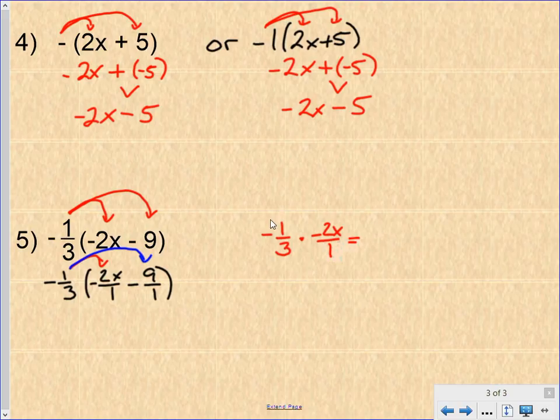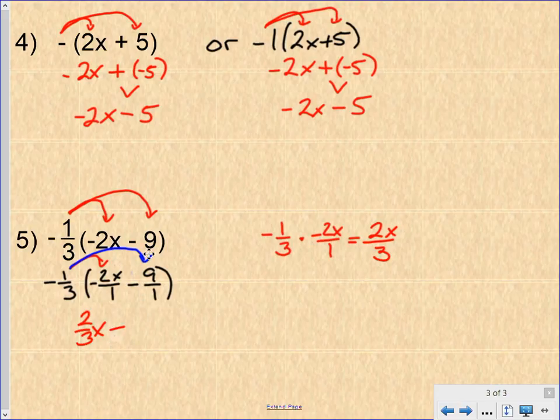So when I multiply negative times a negative, first of all, my answer is going to be positive. 1 times 2x is 2x. 3 times 1 is 3. So negative 1/3 times negative 2x over 1 gave me 2x over 3. And in algebra, we usually write this as 2/3 x. 2x over 3 is the same thing as 2/3 times x.